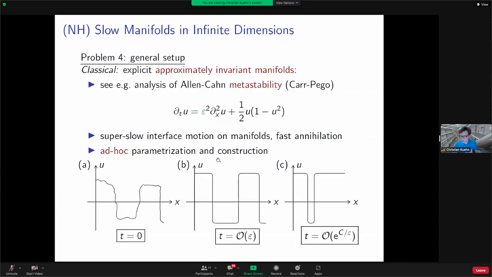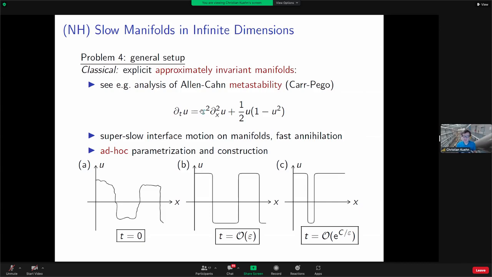There's even more problems. So the next problem is, you might argue, well, there are many slow manifold results for particular concrete PDEs. Well, that's certainly true. Maybe most famous, for example, the Allen-Cahn equation, where there are results by Carr and Pego that you have finite dimensional slow manifolds that describe the propagation of fronts in Allen-Cahn. So what you do is, in Allen-Cahn, there's a small parameter that implicitly also does this splitting of this one component equation into fast and slow components.